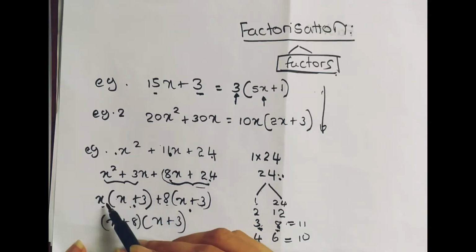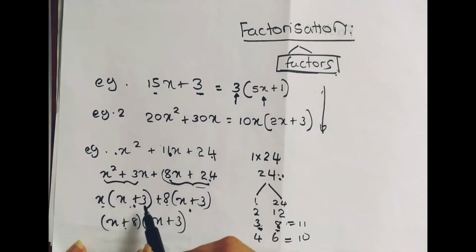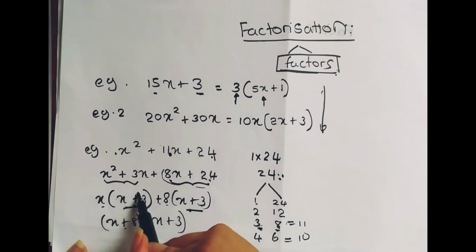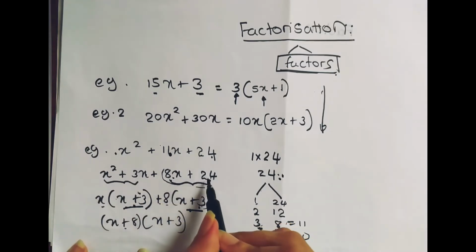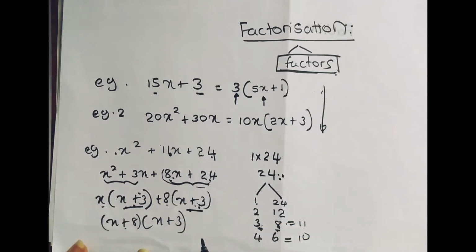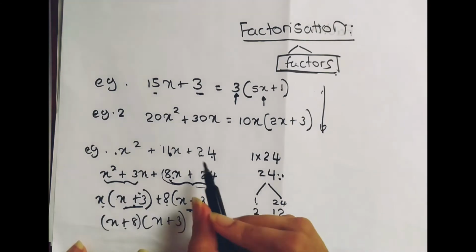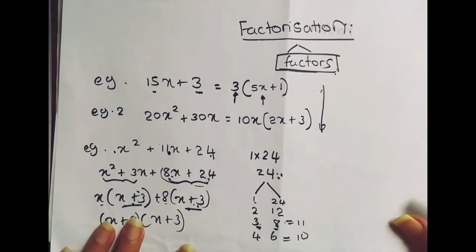Remember, you can do this only if this term and this term are the same. That's why I wrote the same one I got here, and then I check how I'm going to make 8x plus 24 using this. So that is the simplest way of doing factorization.